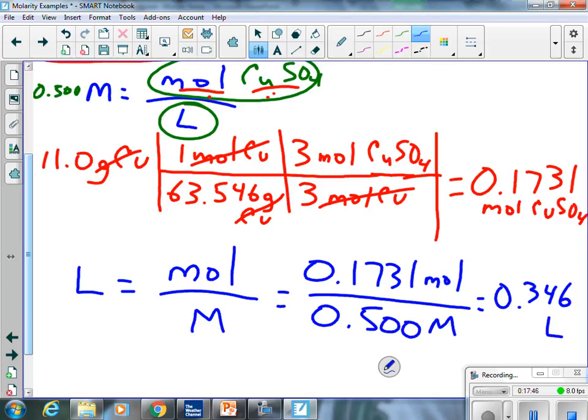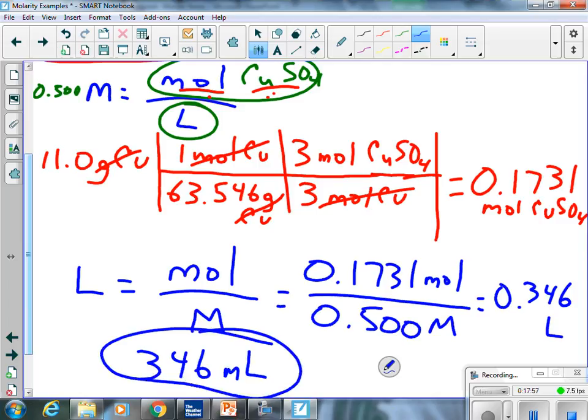Milliliters. So how many milliliters is 0.346? So I need 346 milliliters of the 0.500 molar copper 2 sulfate solution.